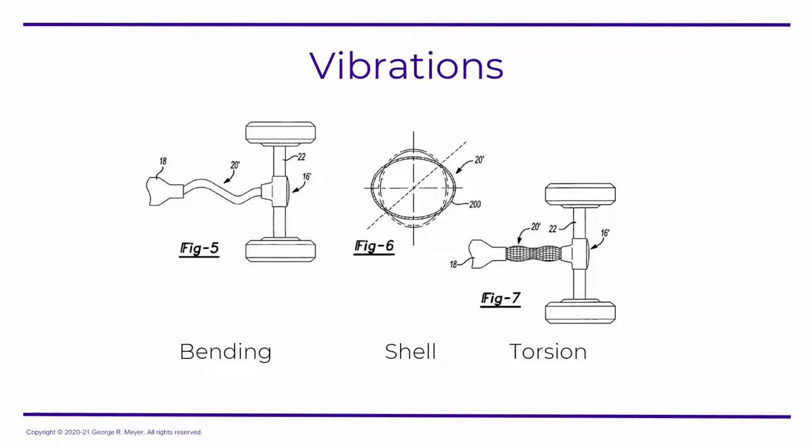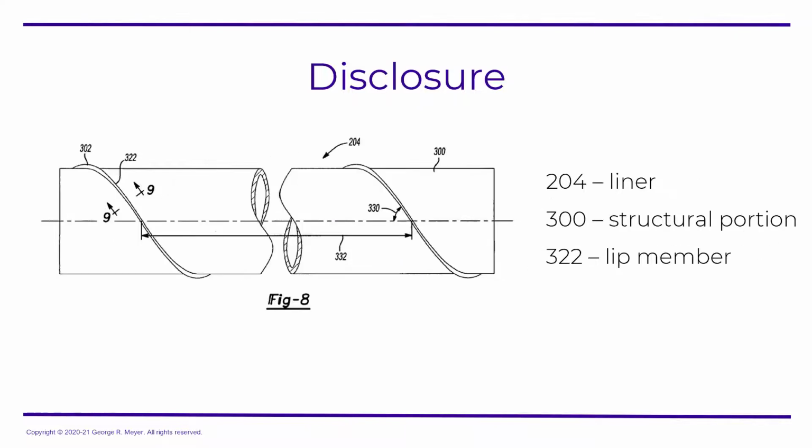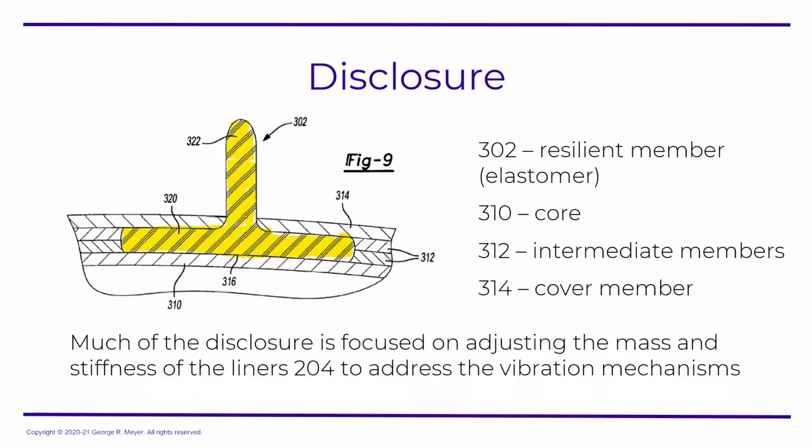According to the patent, people would adjust the propeller shaft to reduce bending, shell, or torsion vibrations, but only one, not more than one. Figure 4 includes a very simple view of what the propeller shaft looks like, and this has 2 liners within it. Figure 8 illustrates one of the liners, which is basically a hollow tube made of multiply cardboard with an elastic lip that goes helically around the outside of the liner.